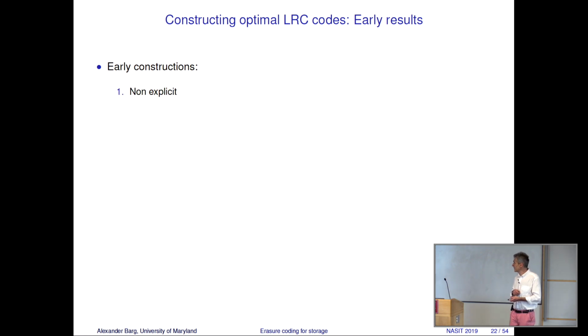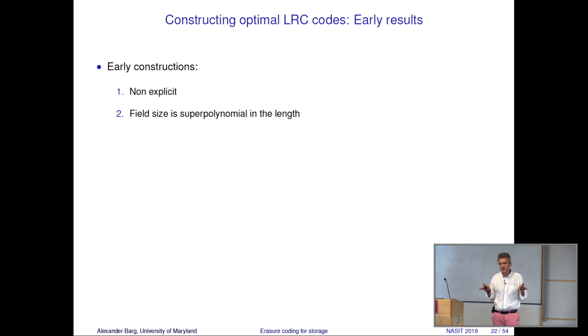All right, so there were some early results on constructing optimal LRC codes. Early constructions were not particularly explicit, and the underlying field had to be of a very large size. Why is it bad? Well, because a large field means implementation complexity, and therefore it is preferable in the system to have a Reed-Solomon-like construction where the size of the field is comparable to the length of the code, n squared, and not super polynomial or even exponential in n, right?